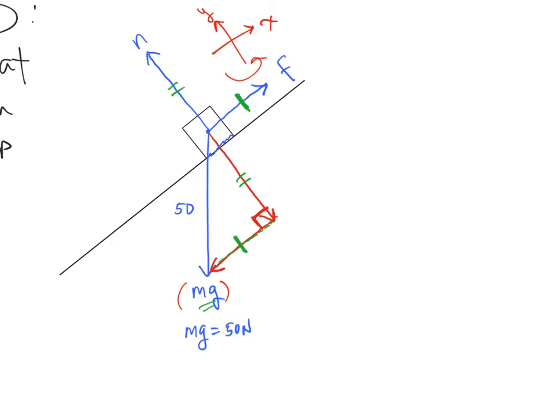in this picture, what are the legs of the triangle equal? And to figure that out, I need an angle. So for instance, if I could figure out what this angle is right here, then I could use my SOHCAHTOA to figure out what the components are. But I need to know what this angle is. And it turns out that this angle here, the way I've drawn this picture, will always be equal to the angle of the ramp above the horizontal.